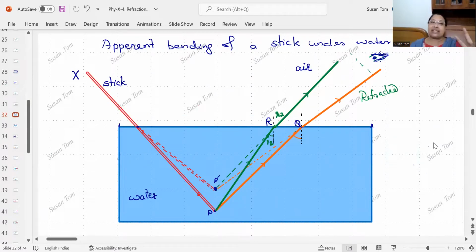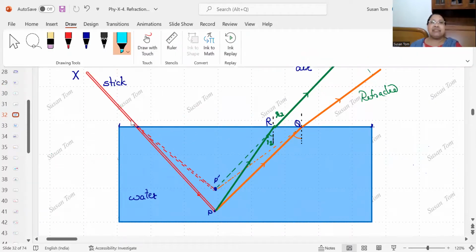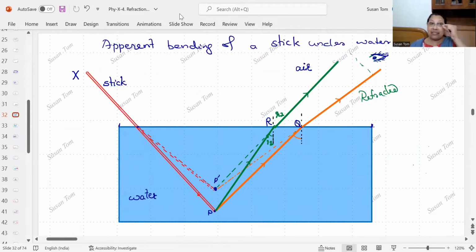In the previous 2 examples, children, we have seen that the eye of the fish was shifted vertically above to a certain place, and hence each part of its body, not only the eye, the rest of the parts from mouth till tail also correspondingly. We didn't draw all the lines, we drew only 2 rays from the eye itself.